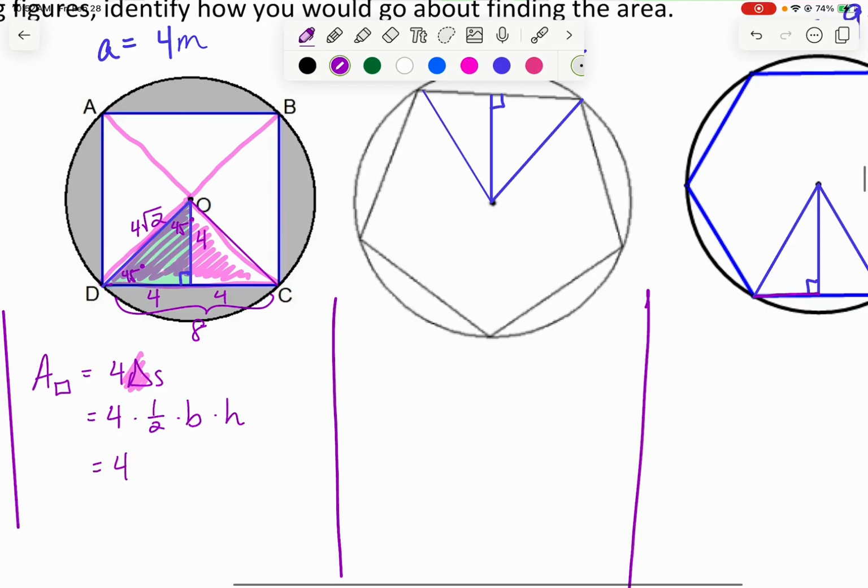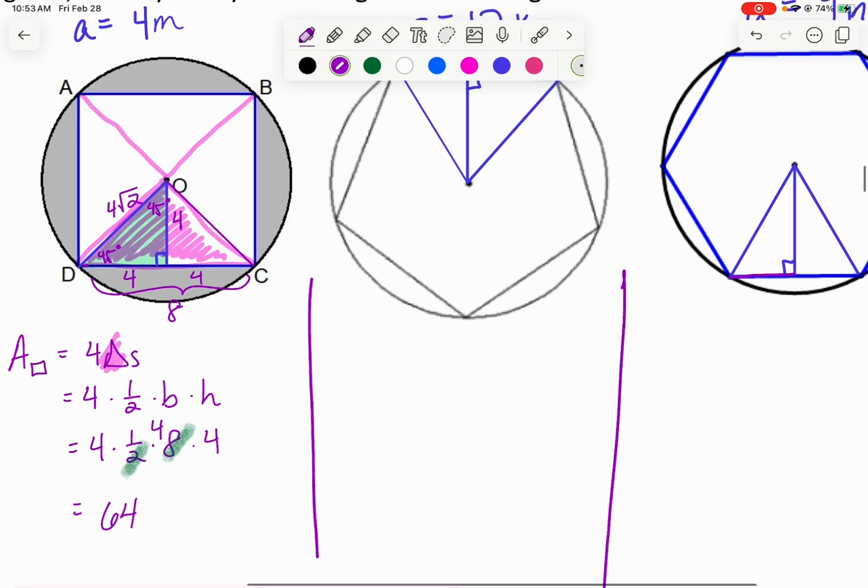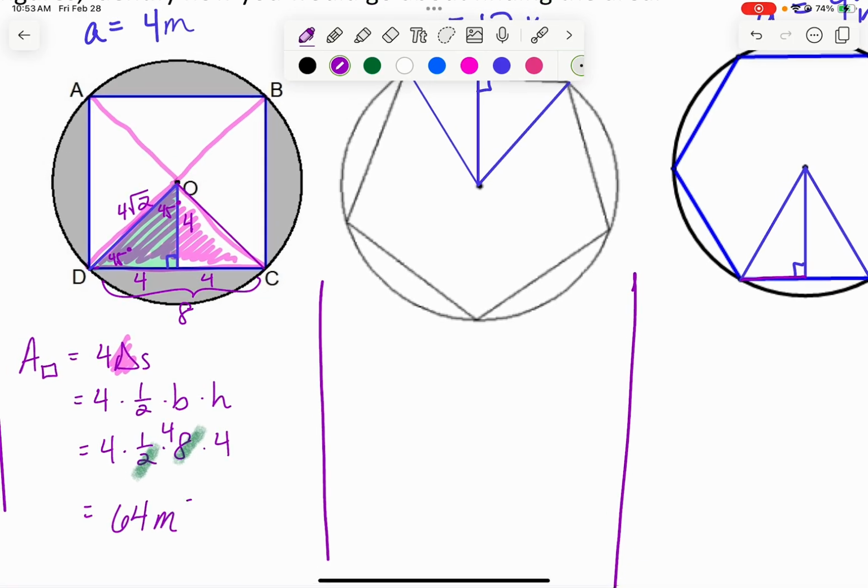So we have 4 times 1/2 times the base, which is the whole base of the pink, which is 8, times the height, which is 4. And now we can cancel. I'd probably cancel the 2 into the 8 to get 4, and 4 to the third is 64. And again, we're not going to forget our units, which were meters squared.